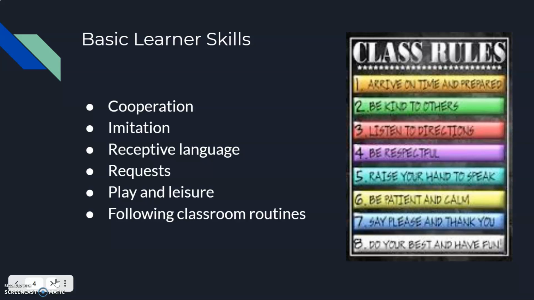This includes cooperation, imitation, receptive language, requests, play and leisure, and following classroom routines. On the right side of the slide, you'll see some examples of class rules that include arriving on time, being prepared, being respectful, saying please and thank you, having fun, just some skills examples that a student that is in a life skills classroom might learn and need to be reminded of throughout the school day.